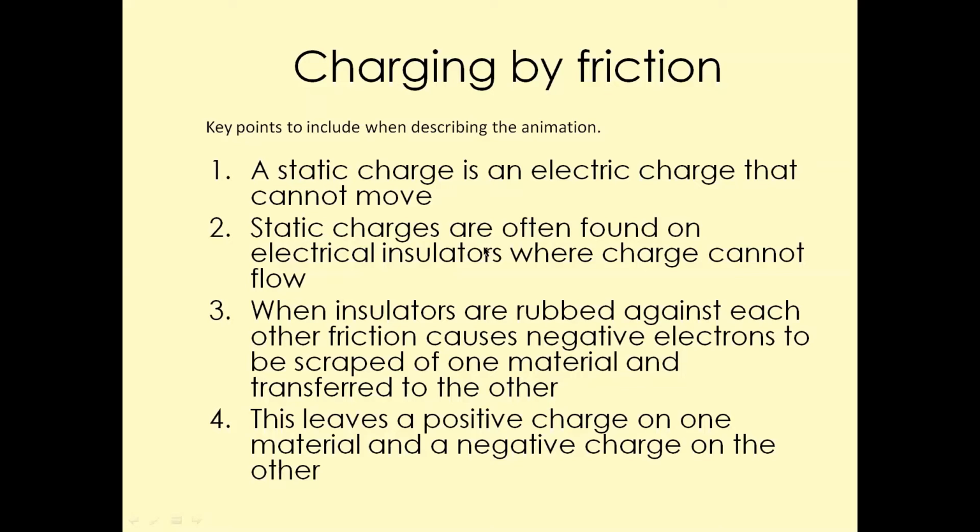So static charges are often found in insulators where charges cannot flow. And when the insulators rub against each other, the friction causes the negative electrons to be moved or jump from one to the other material, basically. So remember, it's only the negative charge which jumps or moves or transfers to the other material.